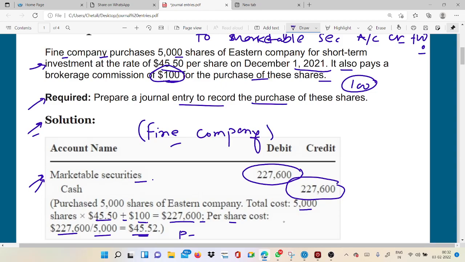This accounting entry would be in the books of Fine Company as per the example. But how can you relate to the fund accounting part, maybe your trade processing part, maybe the other, where you are working with that particular XYZ company? Let's say you're working with any hedge fund house. Let's say XYZ hedge fund house is there and you're working with them, XYZ fund, and that fund purchases the securities.